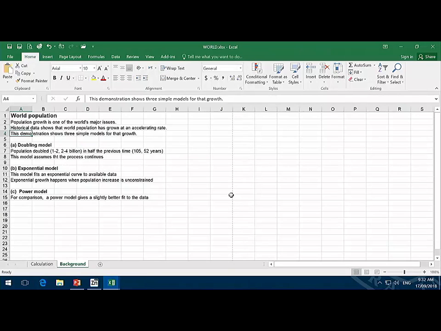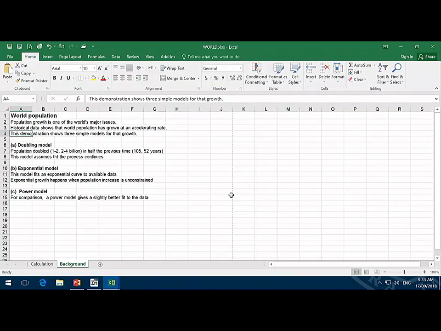So if it doubles in 100 years, and the next time it doubles in 52 years, and the next time it doubles in another 26 years, then another 13 years. So that basically takes 2 time steps, where we saw that the population doubled in 105 and then 52. So it seems to be doubling at twice the rate, and we can just extrapolate that.